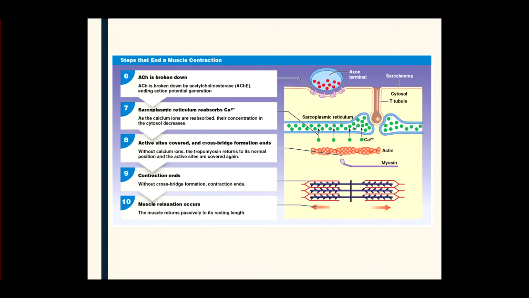If the calcium is in the SR, that means the troponin reversed its shape and put the tropomyosin back over the active sites. If the tropomyosin is covering the active sites, the myosin heads can't bind, and we don't get muscle contraction. And watch what happens. The actin slides back, and now the sarcomere lengthens. So this is what's happening in relaxation. It's the exact reverse.